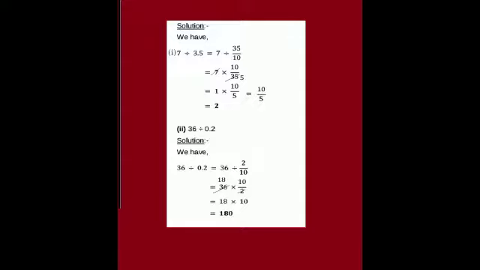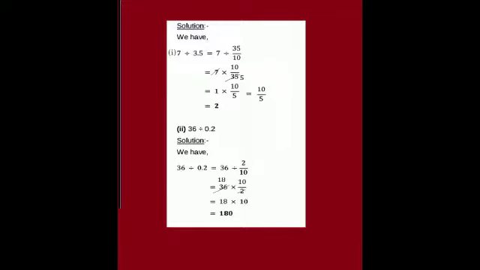So 7 divided by 35 by 10, which is equal to 7 into the reciprocal of 35 by 10, which is 10 by 35. So on cross cancellation of 7 and 35 we got 7 ones are 7 and 7 fives are 35. Now 1 into 10 by 5, that is 10 by 5, which is equal to 2.